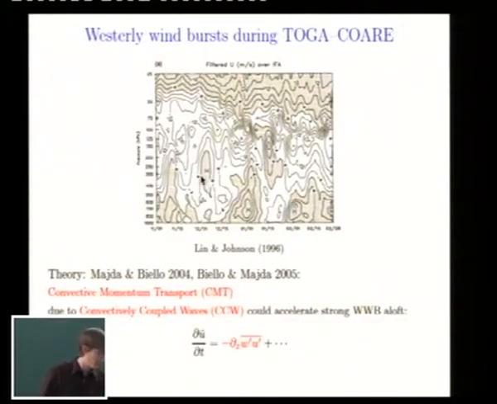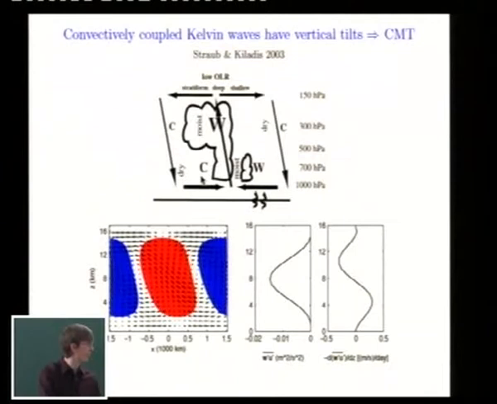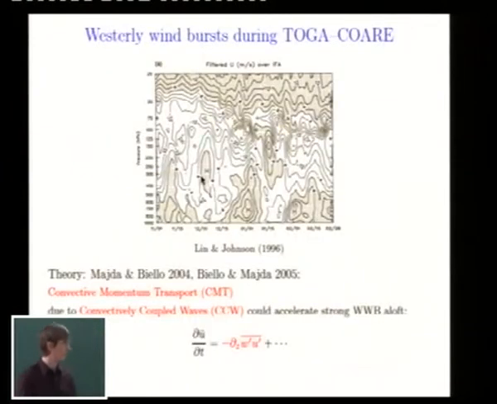This type of acceleration, accelerating westerlies at low levels, there's been some theory by Majda and Biello that suggests that this could be responsible for accelerating westerly wind bursts or accelerating it aloft or contributing to its intensification.